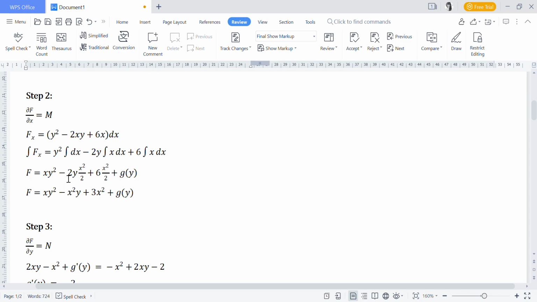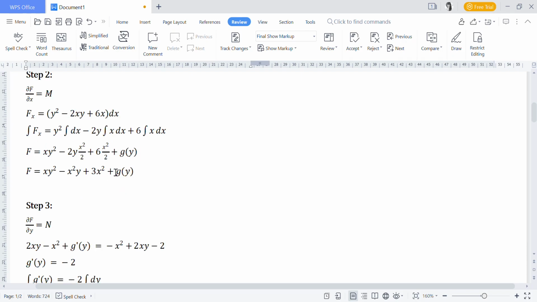So we have negative 2y times x squared over 2. Now, plus 6, again the integral of x will be x squared over 2, plus, instead of an arbitrary constant C, we will just use an unknown function. Let's use g of y, okay?